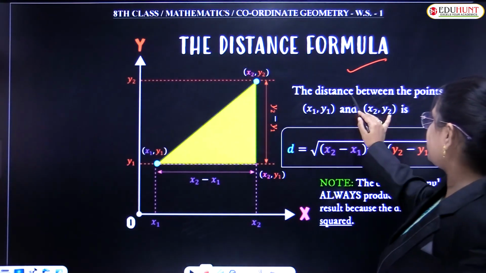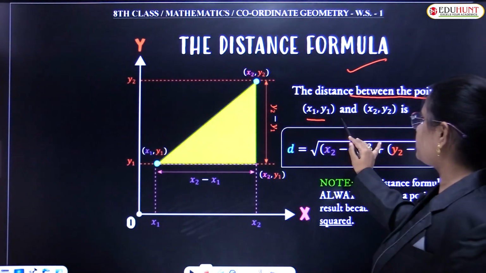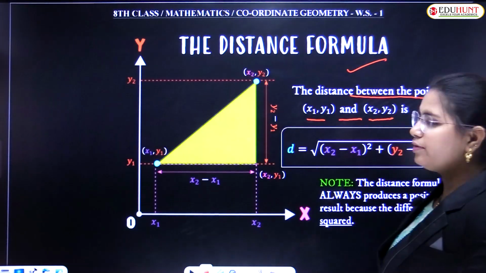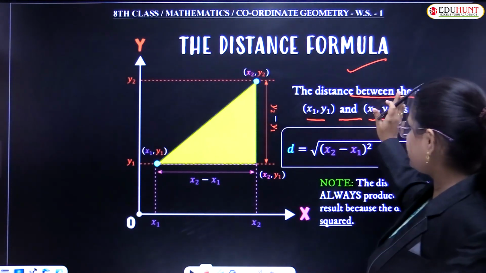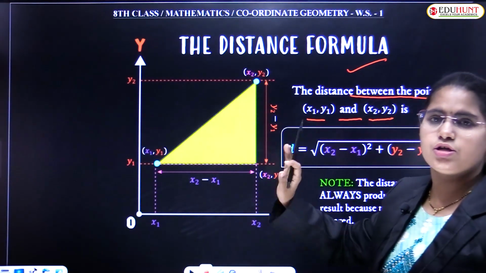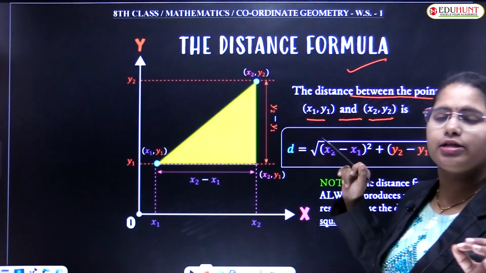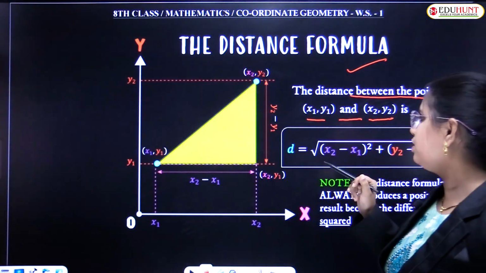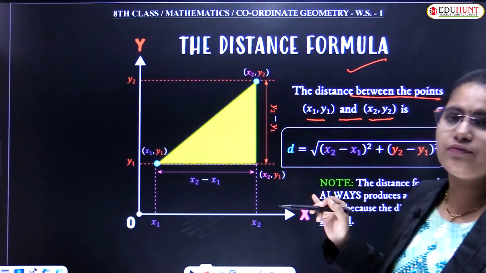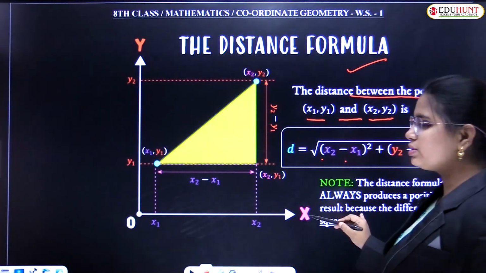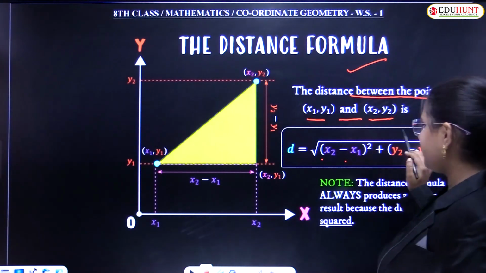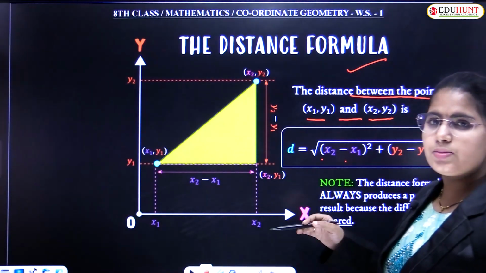The distance between the points x1, y1 and x2, y2 is, x1 y1 is my first point, x2 y2 is the second point, in which these 2 points are located in the plane. Then how can we derive this distance formula? Under root x2 minus x1 whole square plus y2 minus y1 whole square. So this is my distance formula.